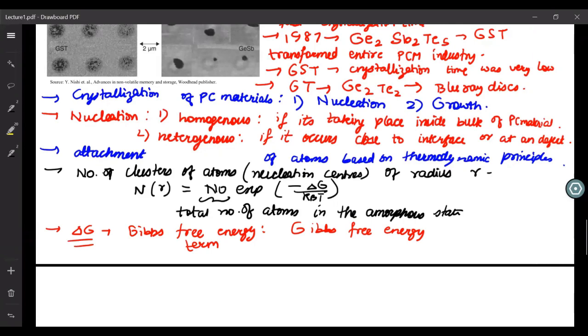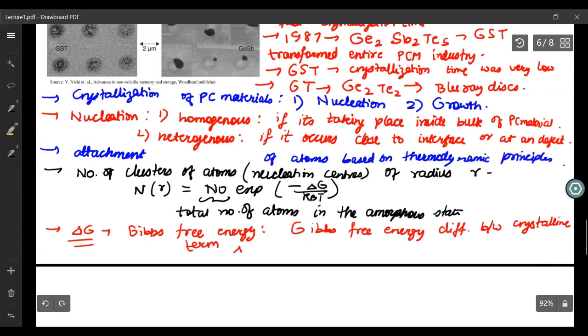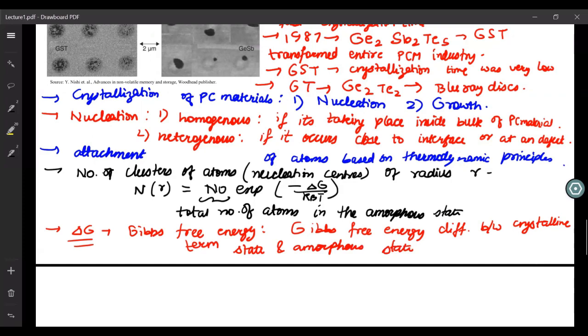The first component is the Gibbs free energy difference between your crystalline state and the amorphous state. And since you are also creating crystalline-amorphous interfaces, you also have to take into account the Gibbs free energy resulting from the creation of those crystalline-amorphous interfaces.